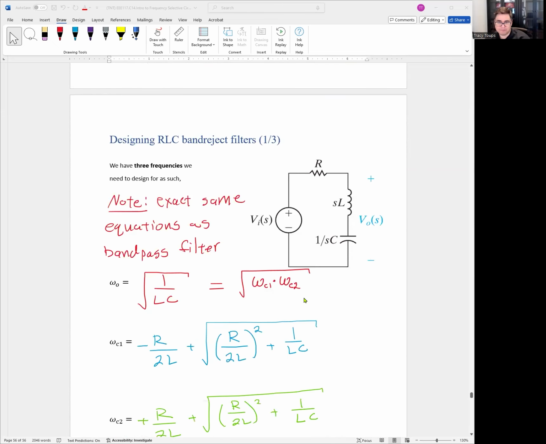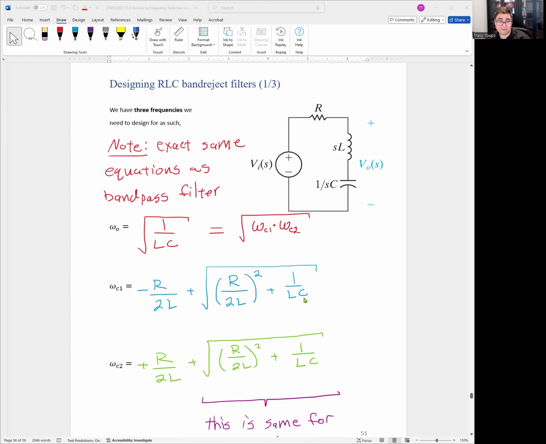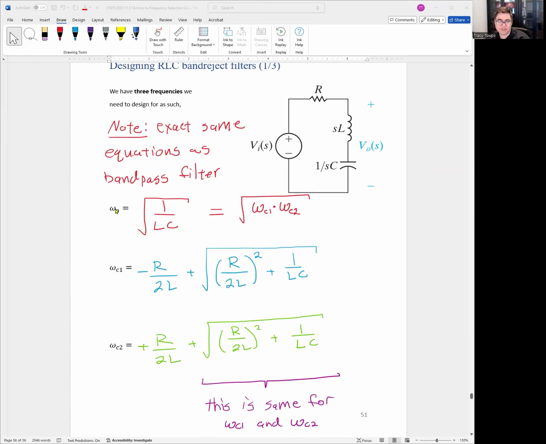Now here's the fun part. That makes it at least easy. Remember, we have 3 frequencies we need to keep track of: center point, lower cutoff frequency, upper cutoff frequency. Because this is still the exact same circuit as a bandpass filter. The only difference is we're taking the output voltage across the inductor and capacitor. All your equations are exactly the same.